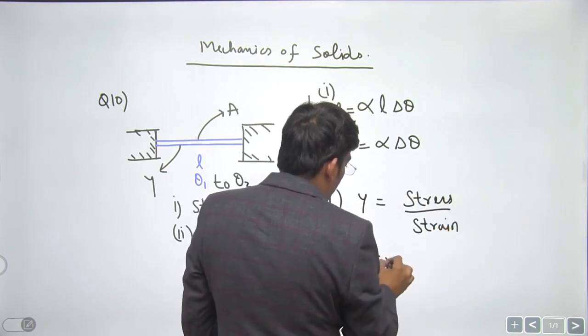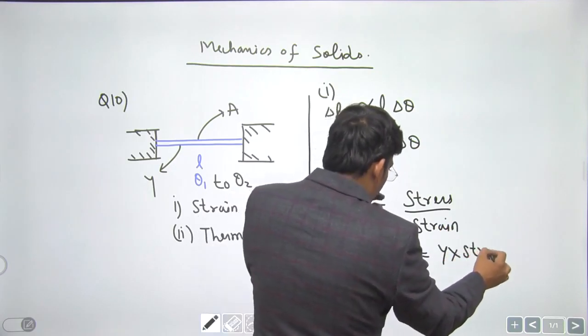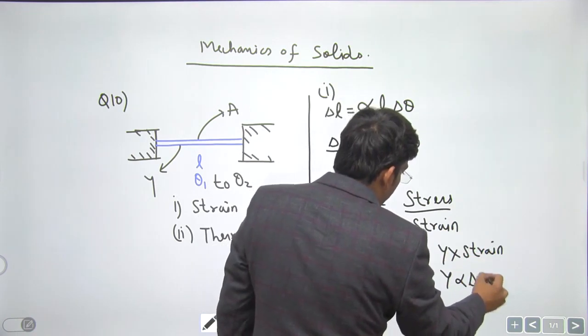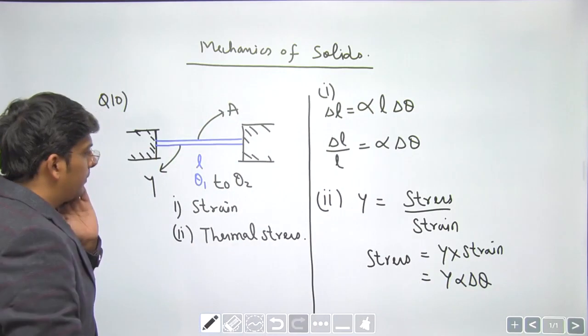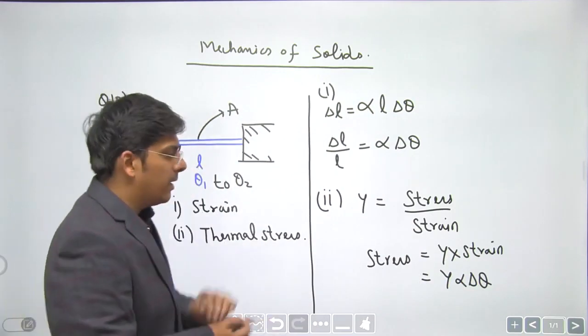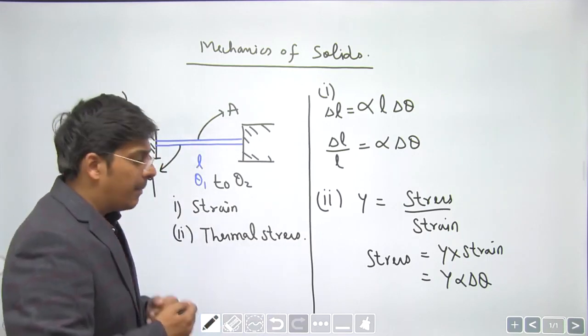So stress is equal to Young's modulus into strain, right dear students? This is actually Y alpha delta theta. Easy question. Thermal stress is actually Y alpha delta theta: Young's modulus into coefficient of linear expansion into change in temperature.